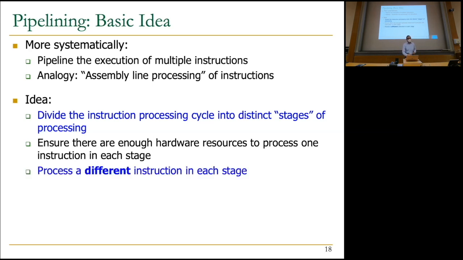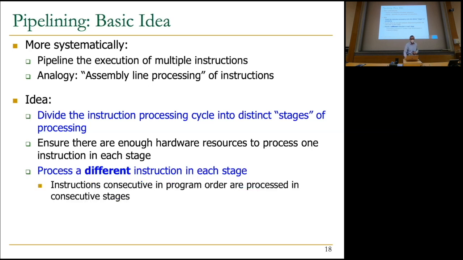And we process a different instruction in each stage. This is important, not the same instruction, different instructions. And instructions consecutive in program order are processed in consecutive stages. So basically, now you can say we're going to violate the von Neumann model at the microarchitecture level, right? Because von Neumann says you process only one instruction at a time. You move to the next instruction after the previous instruction is complete and has updated the architectural state.